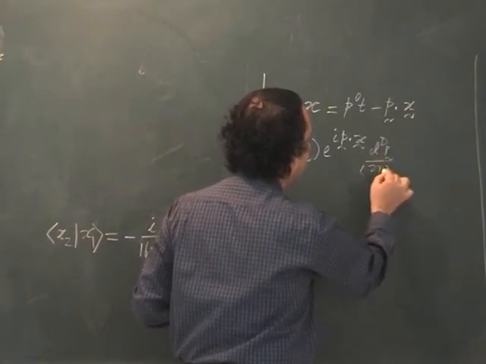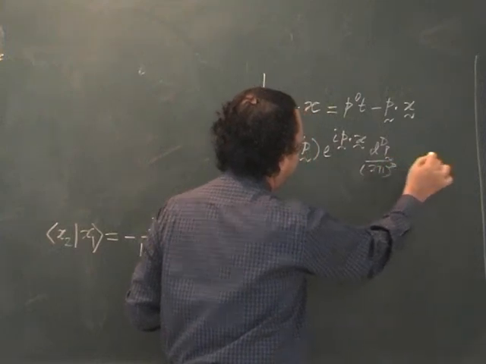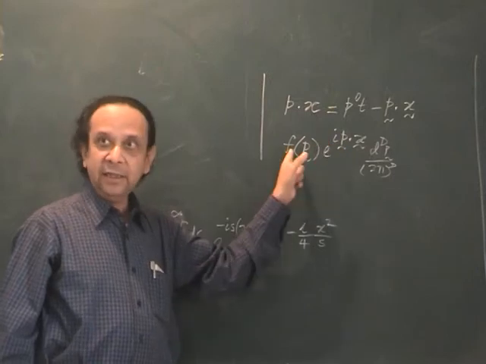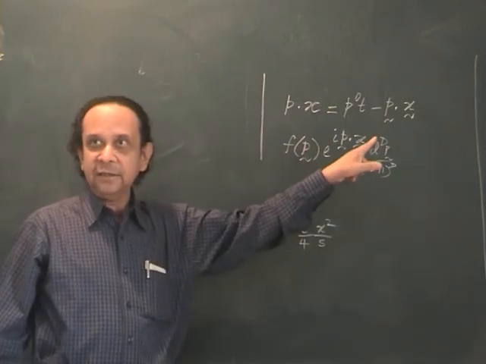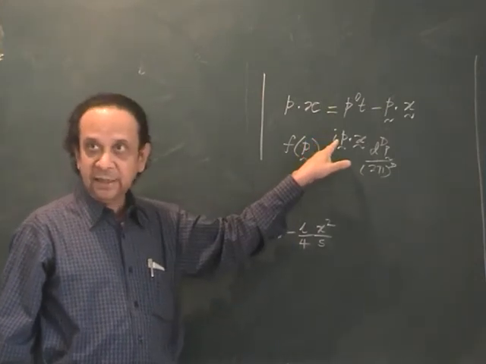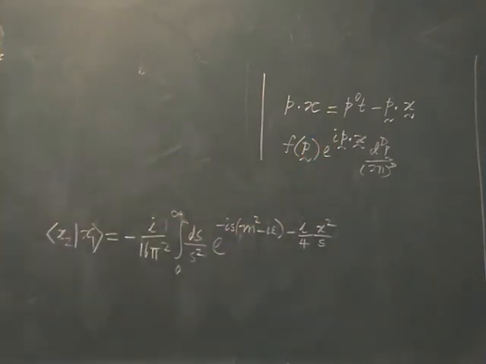This was the integration notation. So the spatial part should come with a plus sign in the f of p integration. When I am doing a d3x integration, that should come with a minus sign, which is taken care of by giving a plus sign in the exponent here. Fine. So we want to know what this quantity is.